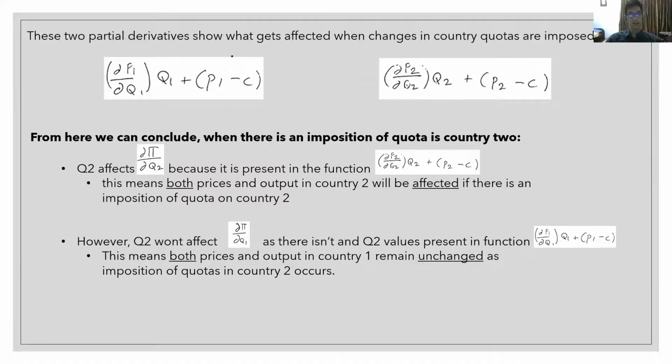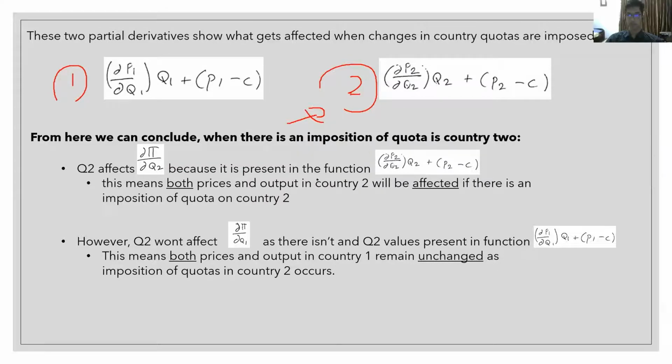Now that we have these two partial derivatives, how can we show the effects when quotas are imposed? This is 1 and this is 2, just to label them to make it easier to explain. From here we can conclude that when there is an imposition of quota in country 2, Q2 affects the profit function because Q2 is present in function number 2.